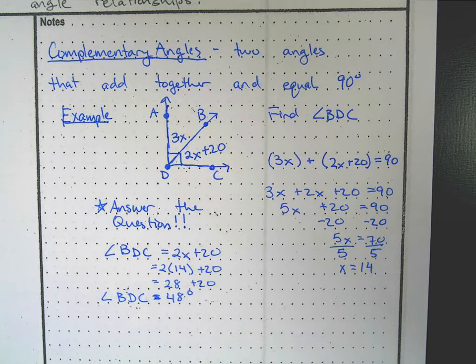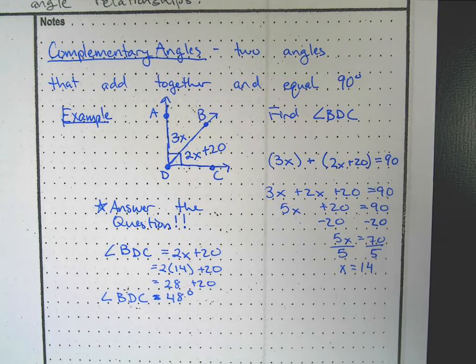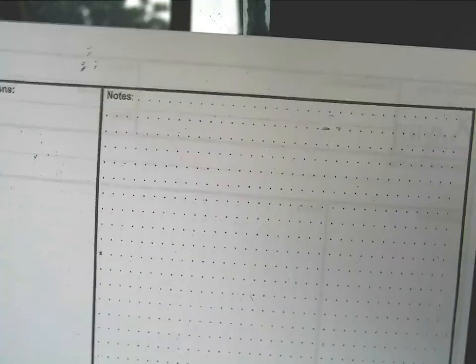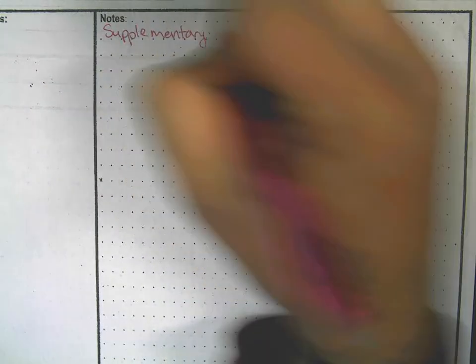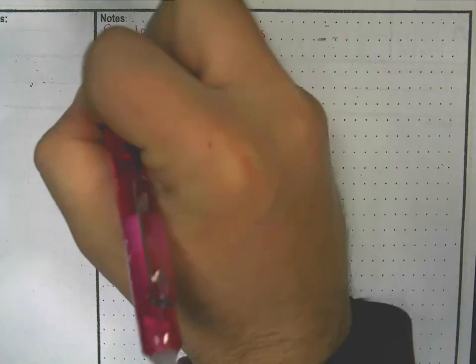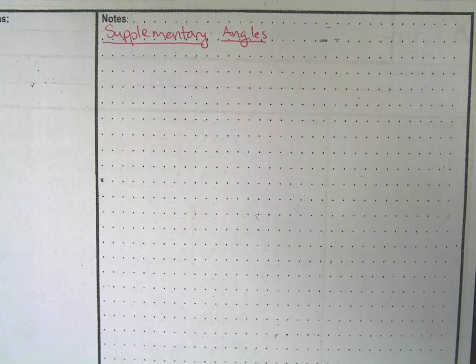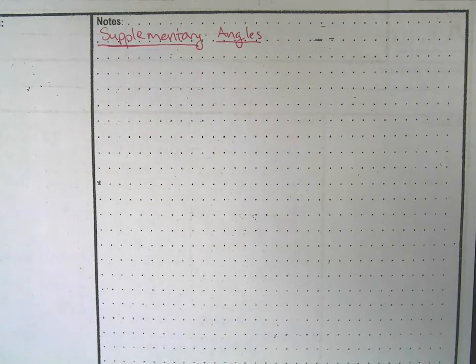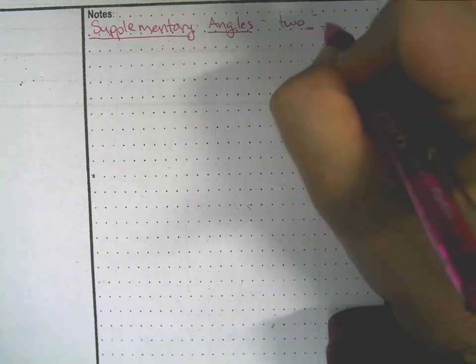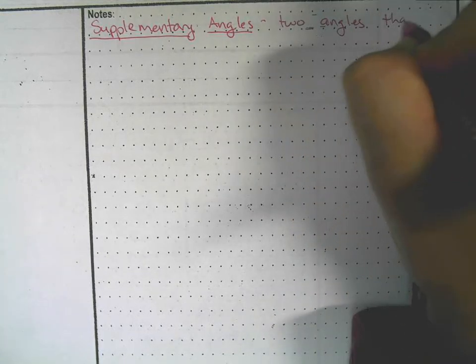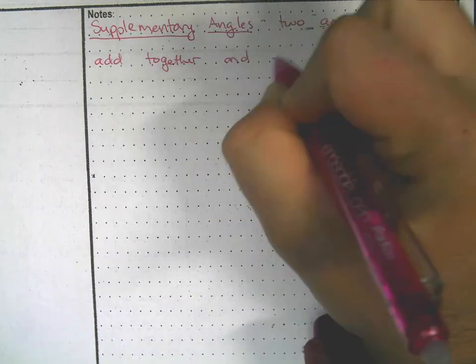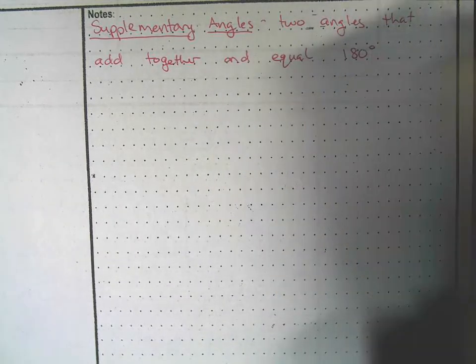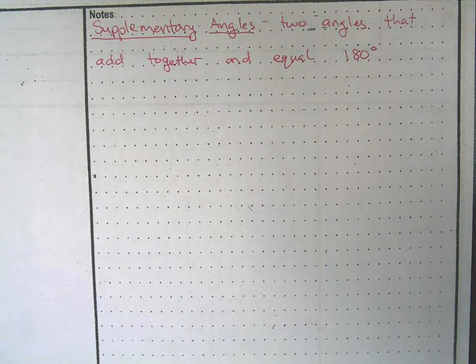Next we'll do an example for supplementary angles. And supplementary angles are two angles that add together and equal 180 degrees. So let's look at an example.